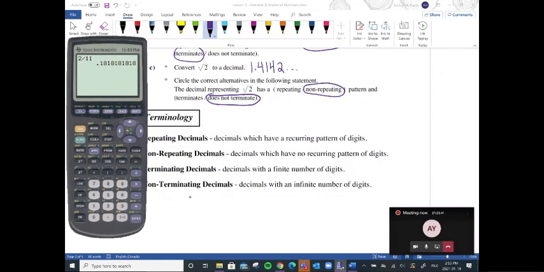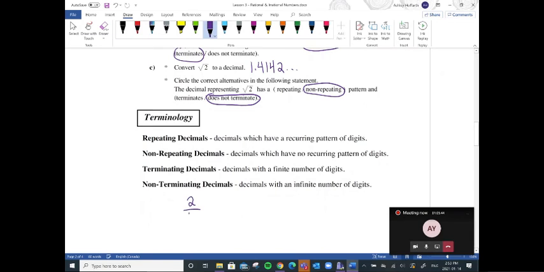So when you try this in your calculator too, what he's getting is 0.1818181818, and then a 2, let's say. So it looks like when you look at that, hey, wait a second, that is not repeating. It looks like it's repeating, but then there's suddenly a 2 at the end.